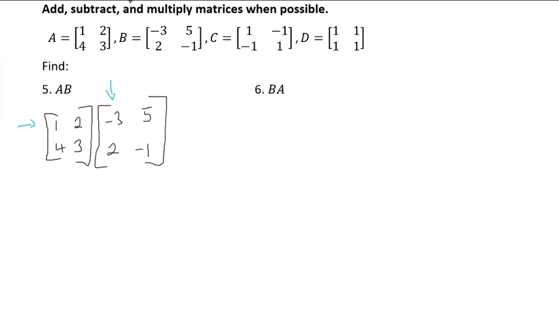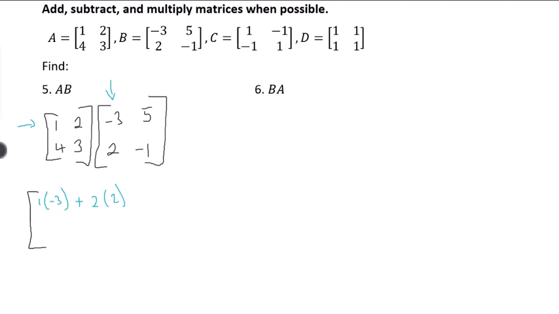And so what that looks like is 1 times -3 plus 2 times 2. So you're multiplying each term in the row by each term in the column individually. 1 times -3 and 2 times 2.